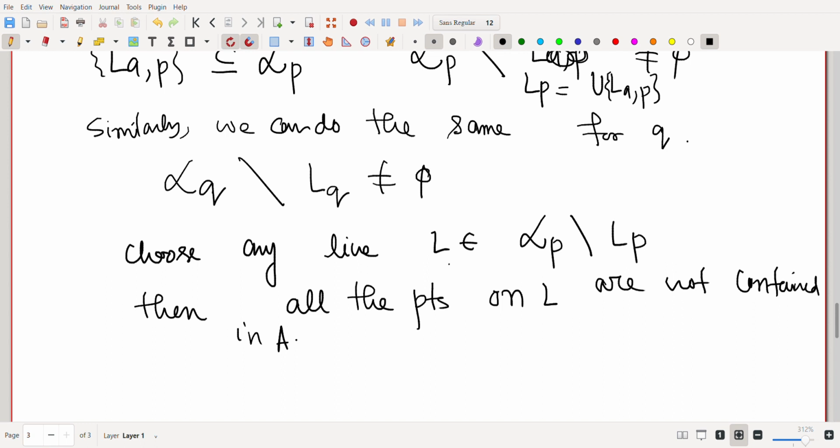Because if any point on L is in A, that means L is the line passing through P and that particular point. But we have already removed that collection from this big collection, right?